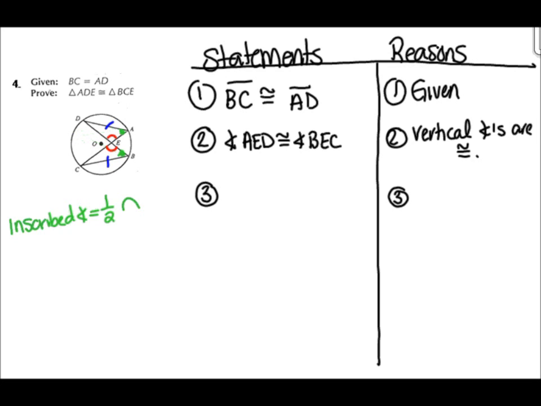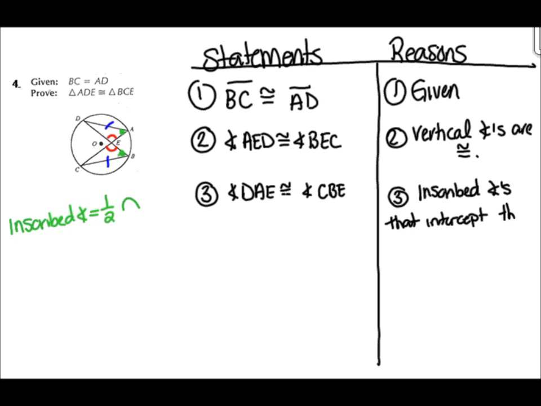So that's what I'm going to do next in my proof. Say angle DAE is congruent to angle CBE. And here's the reason I'm going to use. Inscribed angles that intercept the same arc are congruent.